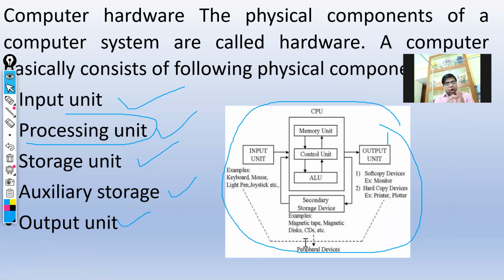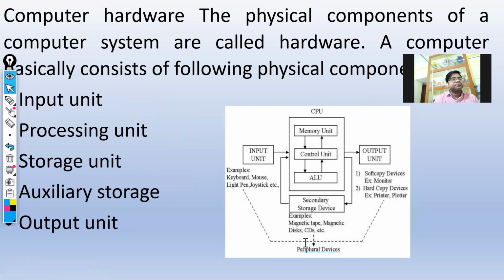When I'm talking about the CPU, it has main units. And what are the main units? They are the arithmetic and logic unit, control unit, and main memory unit.